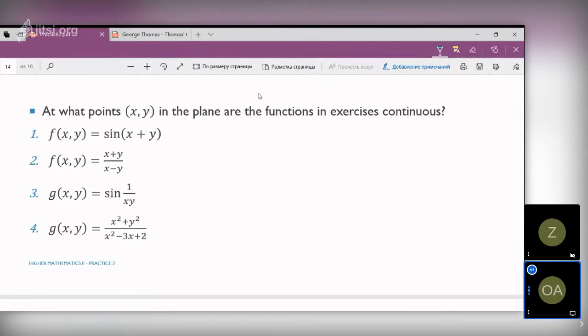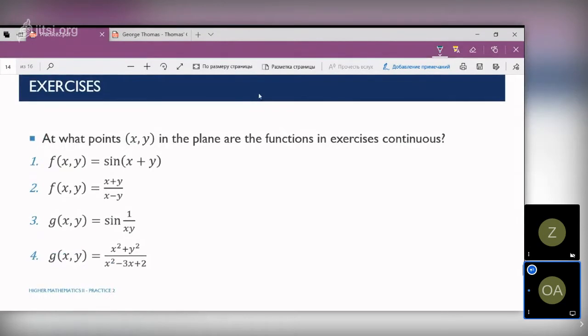So do you know the sine function? I can't remember. Yeah, the sine function is continuous everywhere because according to its graph, if you remember, it had this kind of graph. Sorry, this is the graph of cosine.